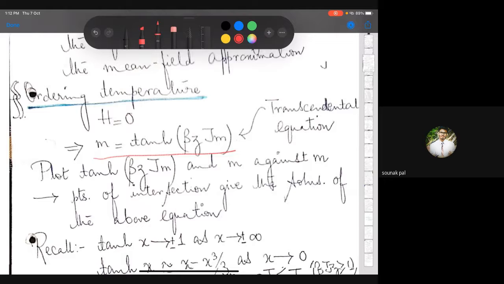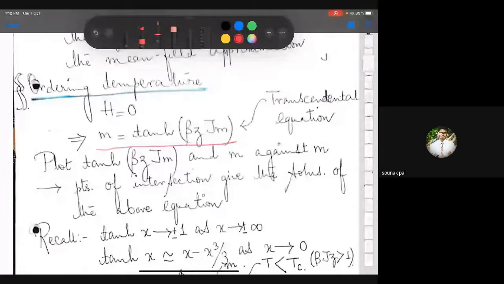One way I told you, you can always write a numerical program to say, okay, I input m equal to 0.8, output should also be m equal to 0.8. If not, I try again. So it's in the same vein as, let's say, the Newton-Raphson method of finding the roots of an equation. You know this Newton-Raphson method, no?